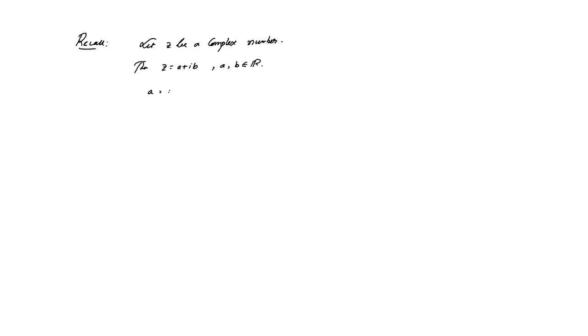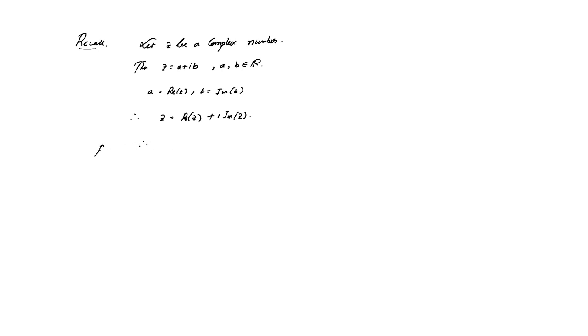A is called the real part of Z, and B is called the imaginary part of Z. So we can write Z equals real Z plus i imaginary Z.